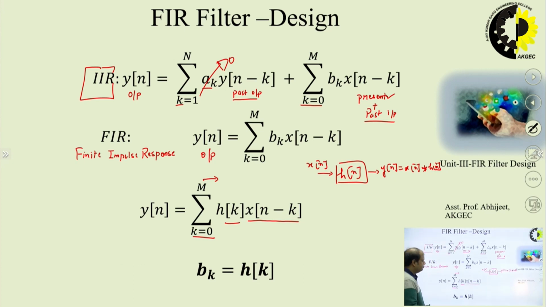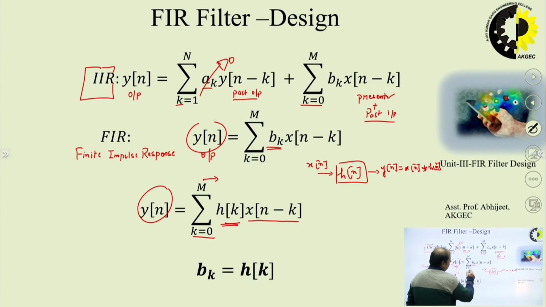Now, if I compare these two equations, you can see that the b_k's are nothing but the h of k's. The b_k's are called the coefficients of the FIR systems, and specifically FIR filters. The coefficients are actually equal to the impulse response of the system since it is truncated.